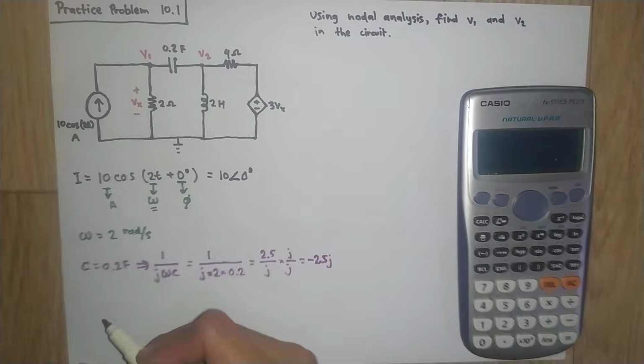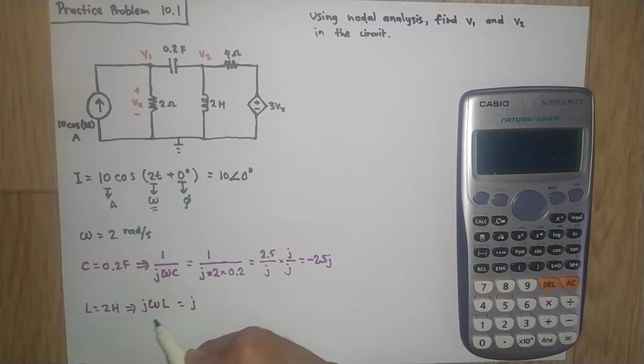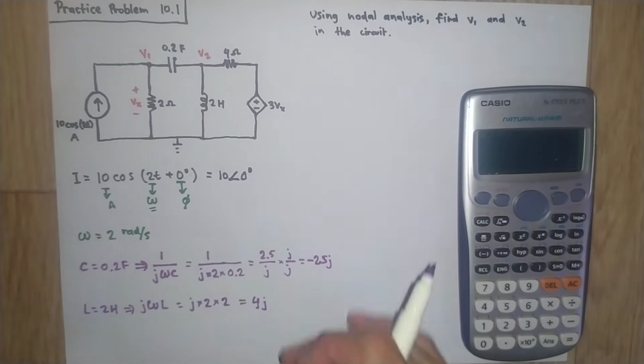Now for the inductor, I have 2 henry, and the formula to transform it into the frequency domain is j omega L. Plugging in, omega is 2 and the inductance is 2 henry, so we will have 4j.